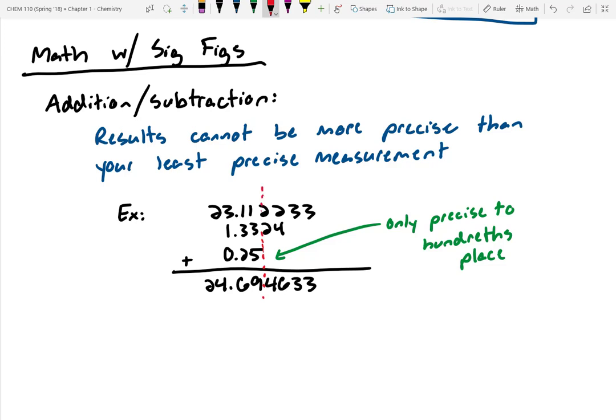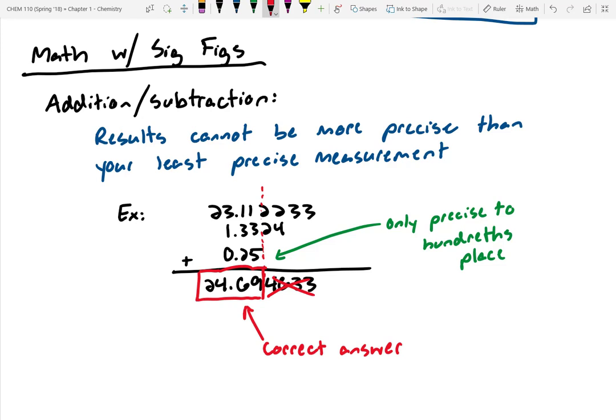We know it can only be precise to that hundredths place, which means our final answer in this case is going to be 24.69. We don't include those trailing numbers. They're not significant. Does that make sense?